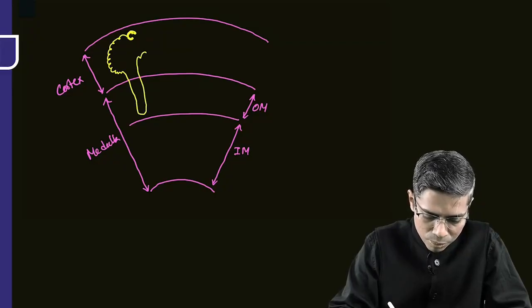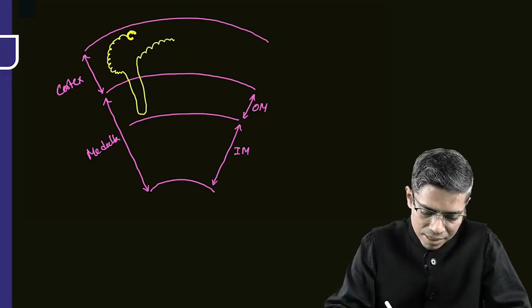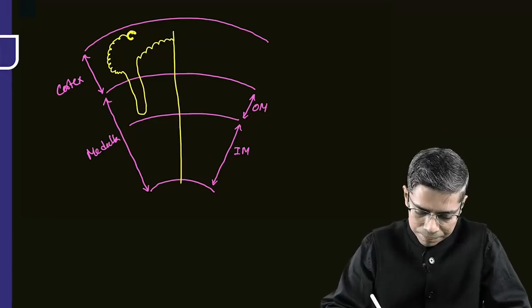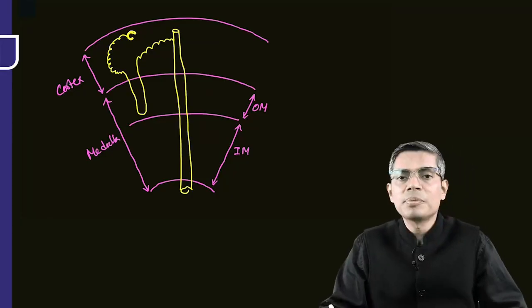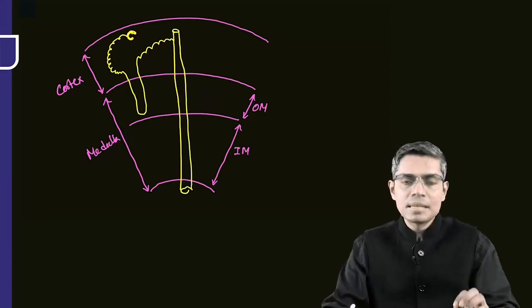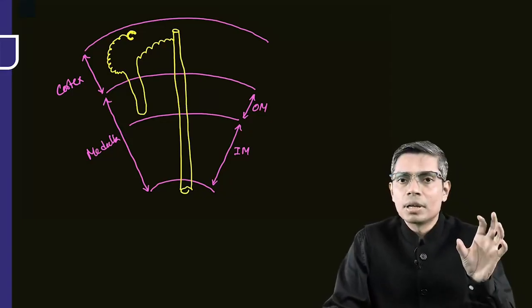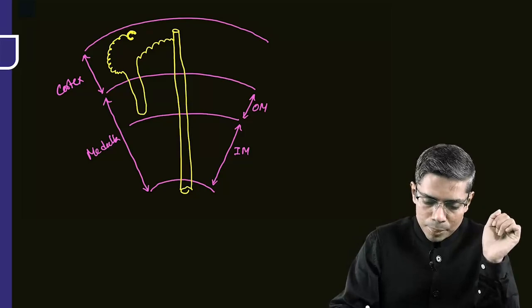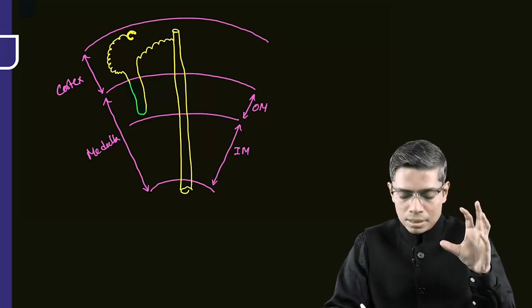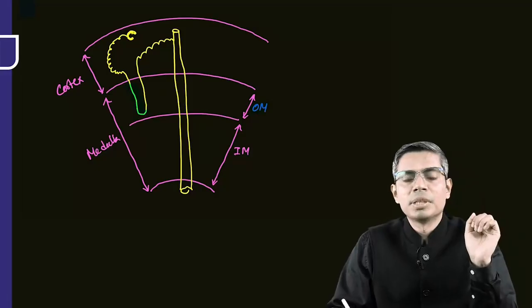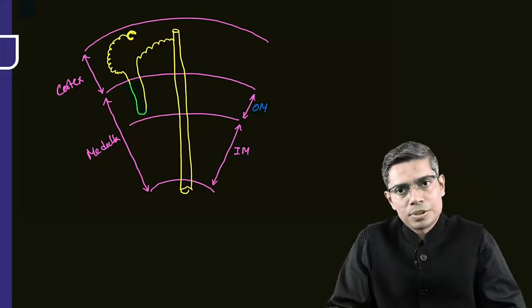And then this loop of Henle is draining into the collecting duct. So this is the collecting duct, right? So this is one type of nephron. I can understand that this nephron is dominantly present within the cortex, although some part is entering the medulla, but it is only the outer medullary portion of the medulla, not the inner medullary portion.